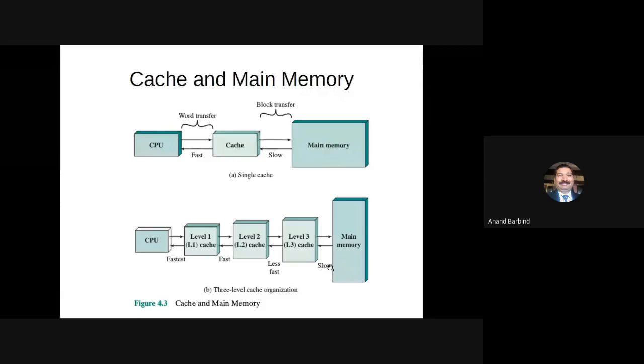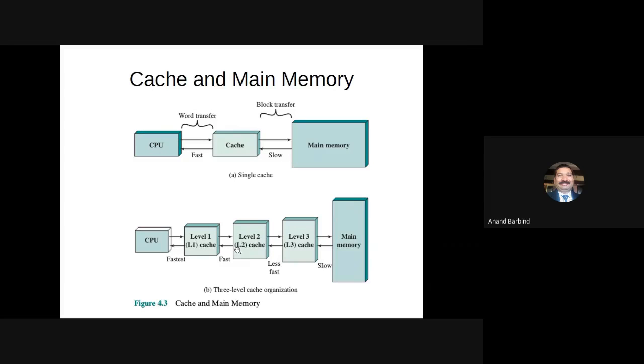The difference is that the size of level 3 cache is higher than level 2, and level 2 is higher than level 1. The block size also varies from level 1 to level 2 to level 3.